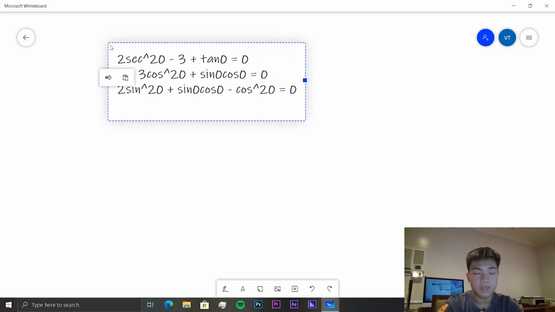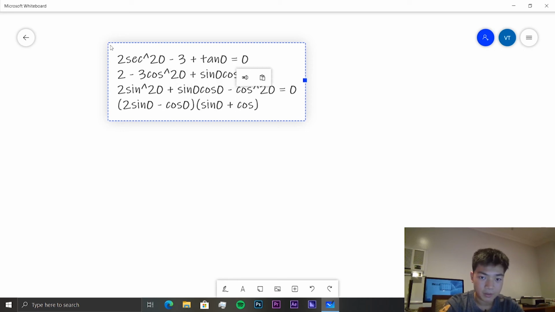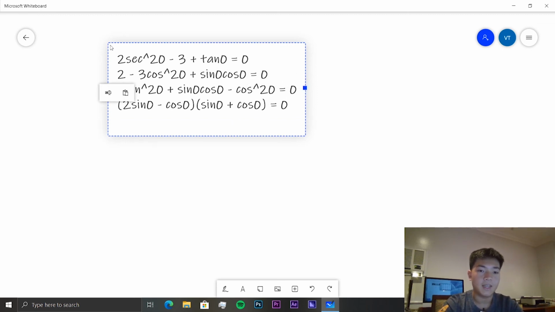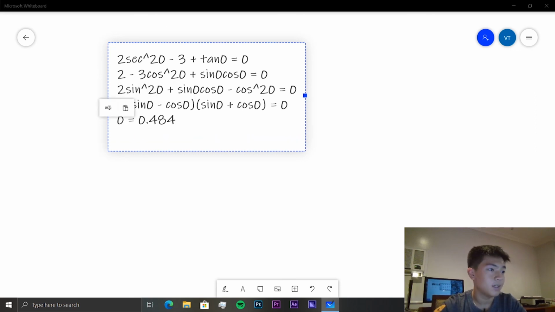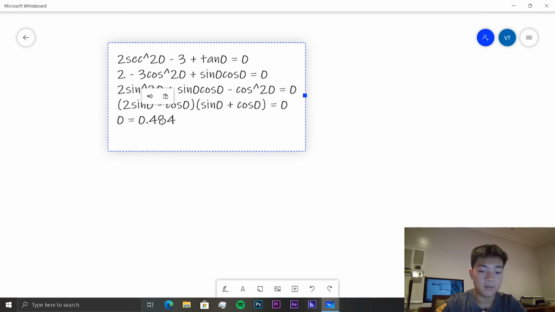It's equal to 0. So what we have here is 2 sine theta minus cosine theta, times sine theta plus cosine theta, is equal to 0. Like last time, one root is tan theta equals 1/2, so theta is arctan 0.5, which is 0.464.